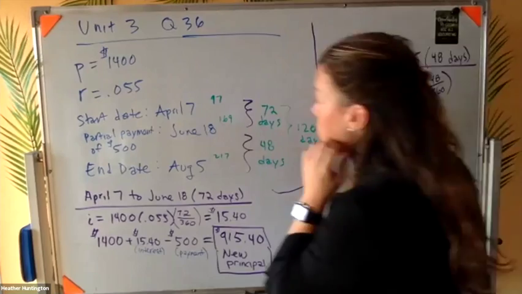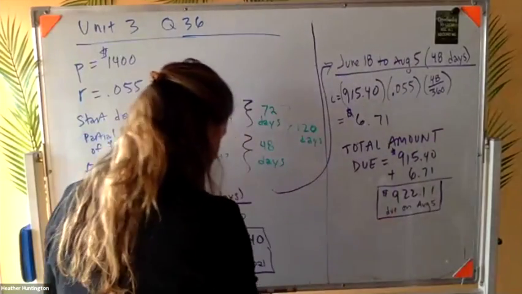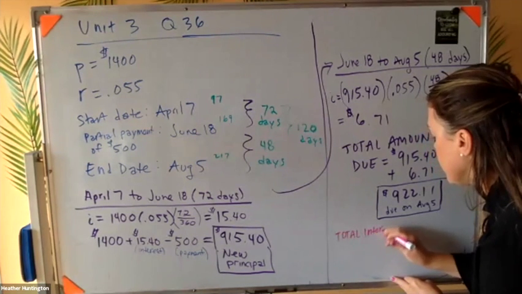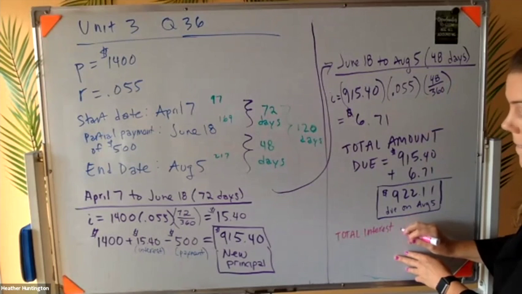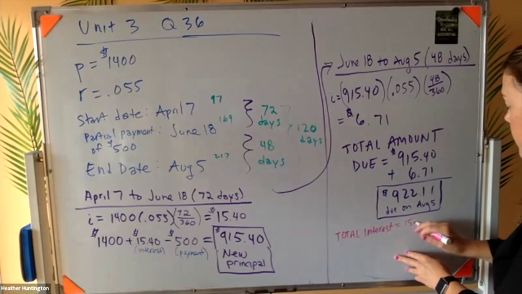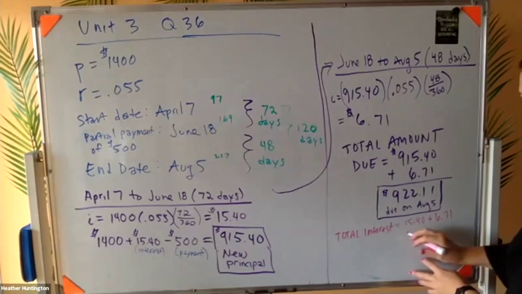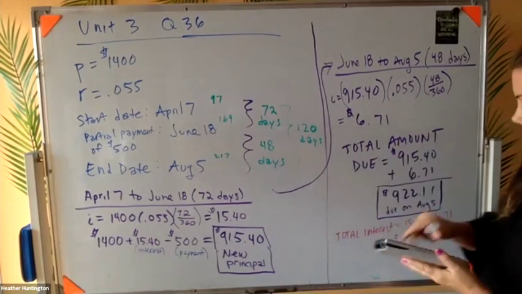Well, what's the total interest that was paid? So let's just investigate this one. So the total interest paid using the United States rule was $15.40 plus $6.71. So it looks like it's about $22 or so.